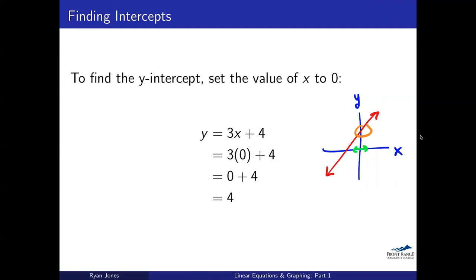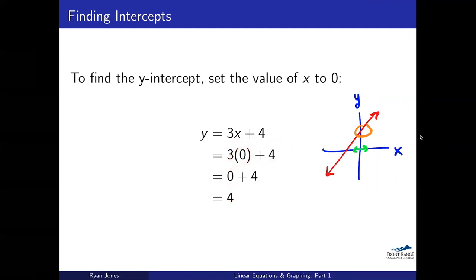We can find this algebraically by taking whatever line we have, in this case y equals 3x plus 4, and setting x equal to 0 and figuring out what we get for y. It should be very clear that we just get 4: 3 times 0 plus 4, this term goes away, and we just get the 4.